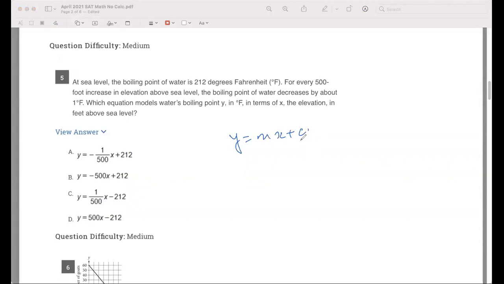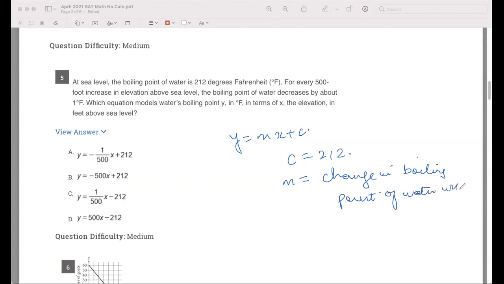y-intercept, the boiling point of water at sea level. So that's 212. And m is the change in boiling point of water with a unit increase in elevation, right?